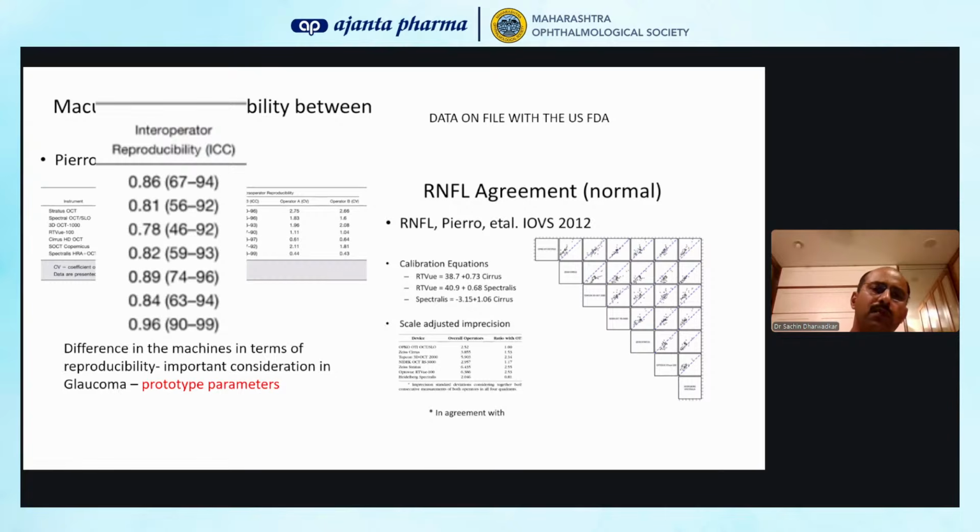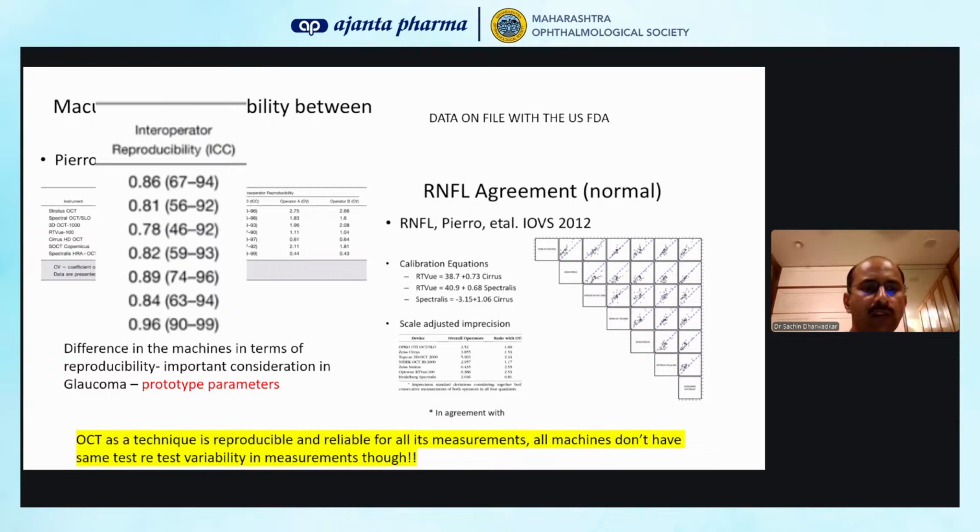So basis that, we basically come to a rule of thumb for how we use OCT in modern day clinical practice. As a technique, it is reproducible and reliable for all its measurements, but all machines don't have the same test-retest variability in their measurements. So that is one thing that we should remember. That's why using any machine for glaucoma is not a good thing to do.